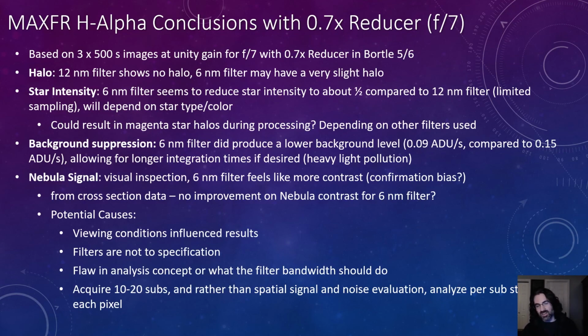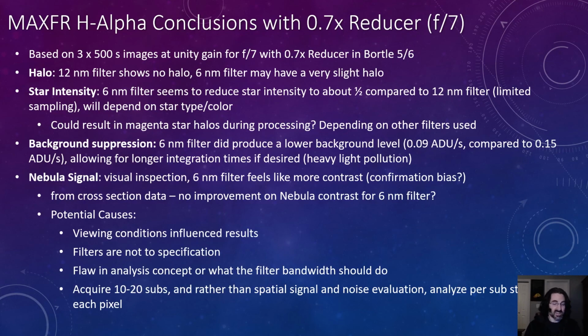So, is this real, or is this something about my analysis? Some things I was thinking about for potential causes for this kind of result is maybe that there was something about my viewing conditions that influenced these results that was just different between the two filters. Maybe the filters are not to specification the way that I anticipated.